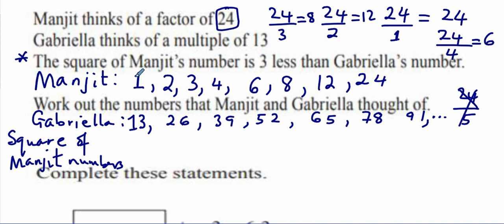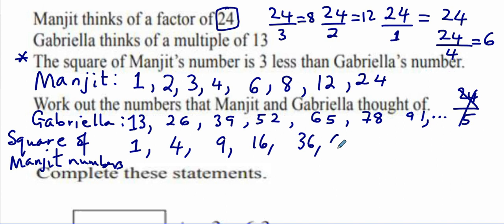Okay, so 1 square equals 1. 2 square equals 4. 3 square equals 9. 4 square equals 16. 6 square equals 36.